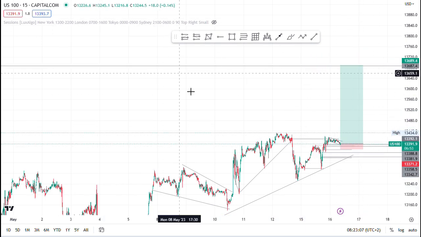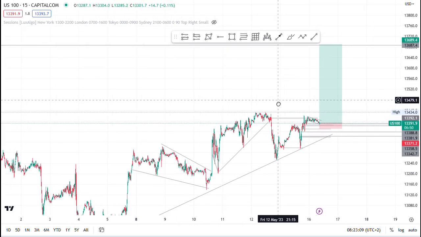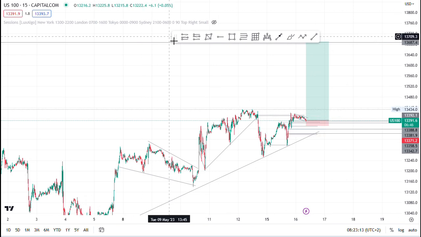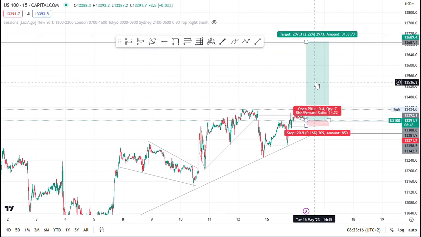This is what I would like to see. So you can see that the risk to reward ratio here is crazy, because imagine risking 0.16% of your account to make 2.2%, 2.22%. The numbers are crazy.